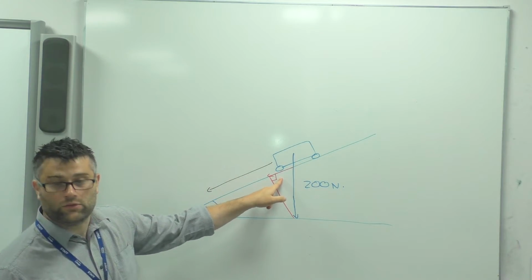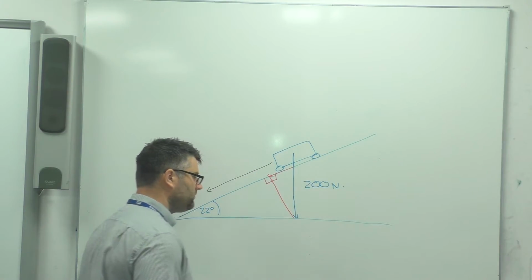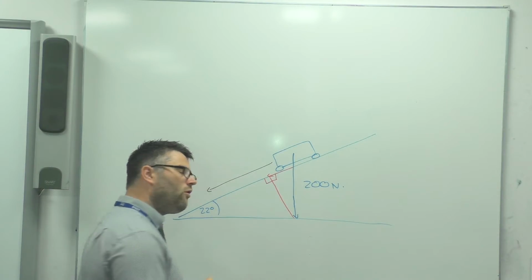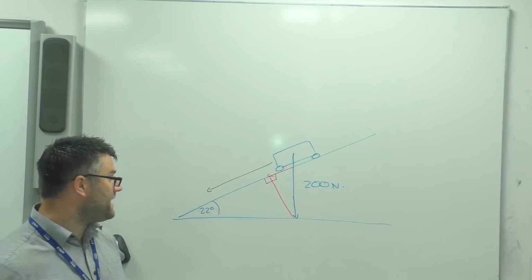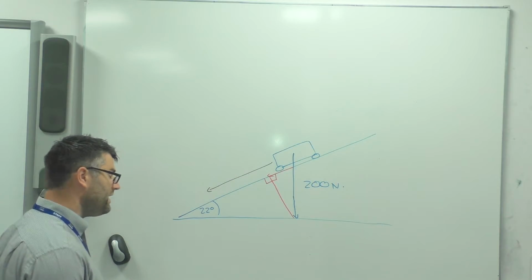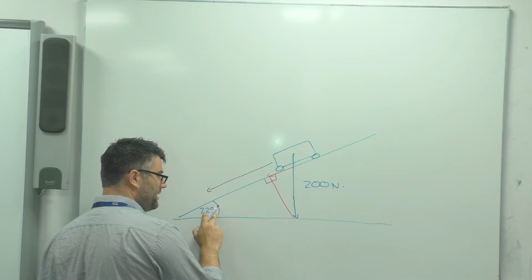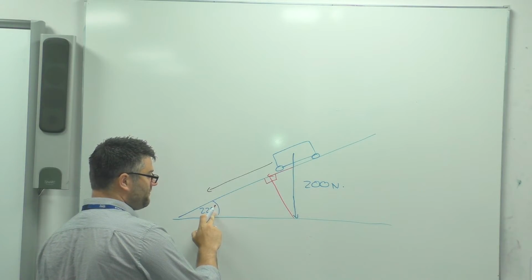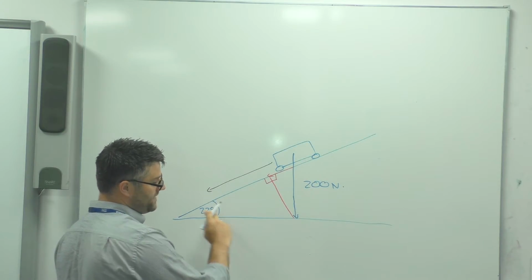This is a right angle, so therefore this must be a right angle as well. Remember, all the angles of a triangle must add up to 180 degrees. So we've got 90 there, 22 there, so we need another 90 out of this, so 90 minus 22 is 68.